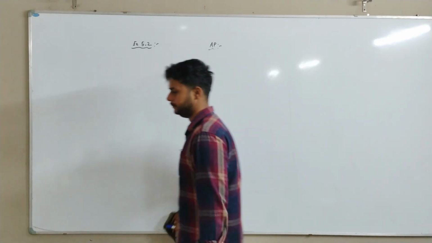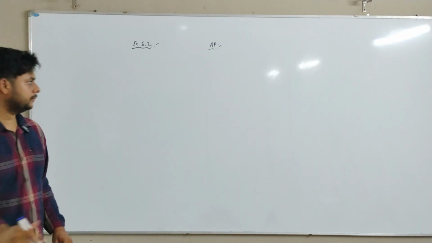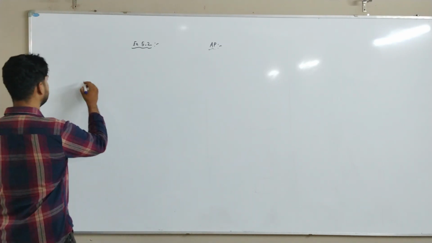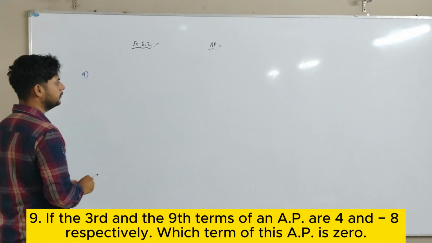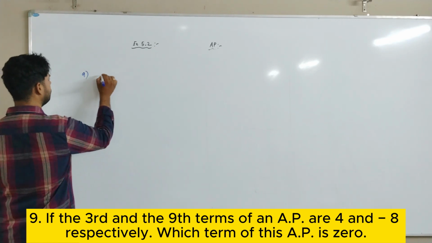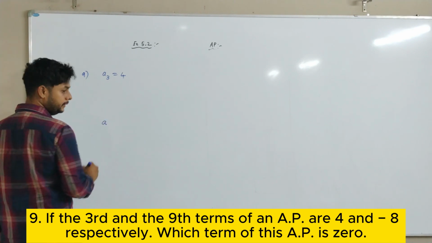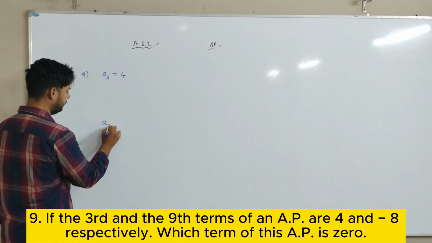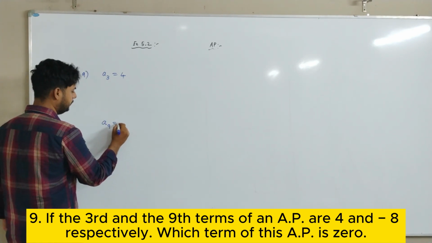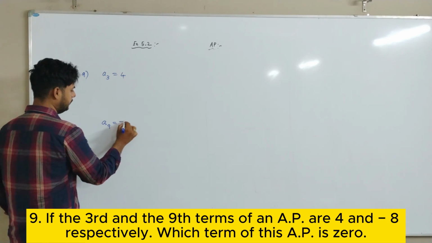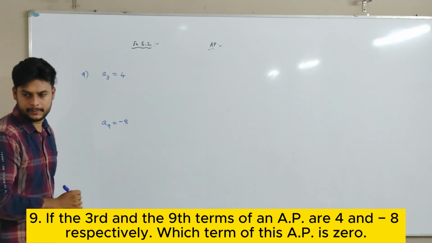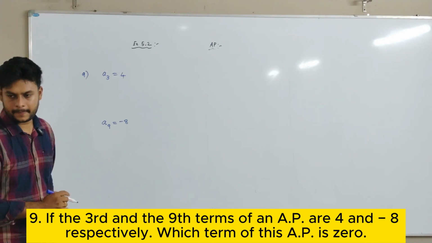Read the next question. If the third and the ninth terms of an AP are 4 and minus 8 respectively, which term of this AP is 0?